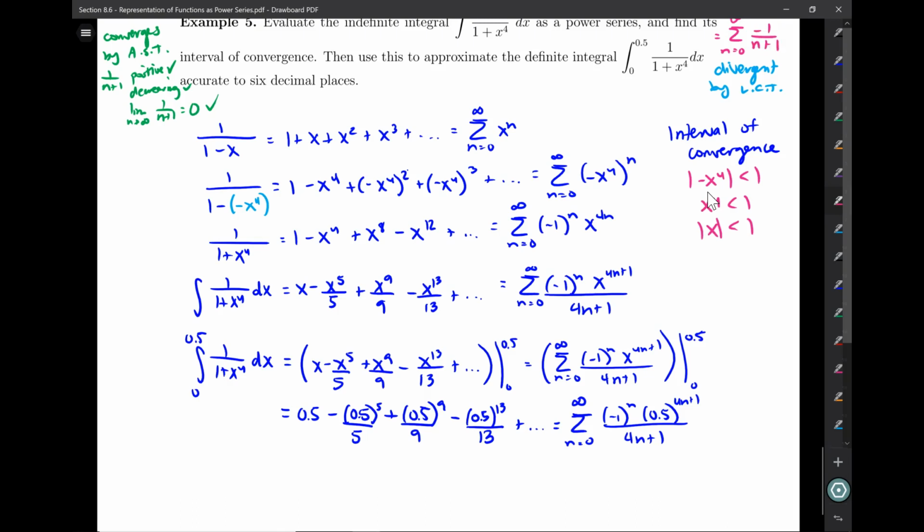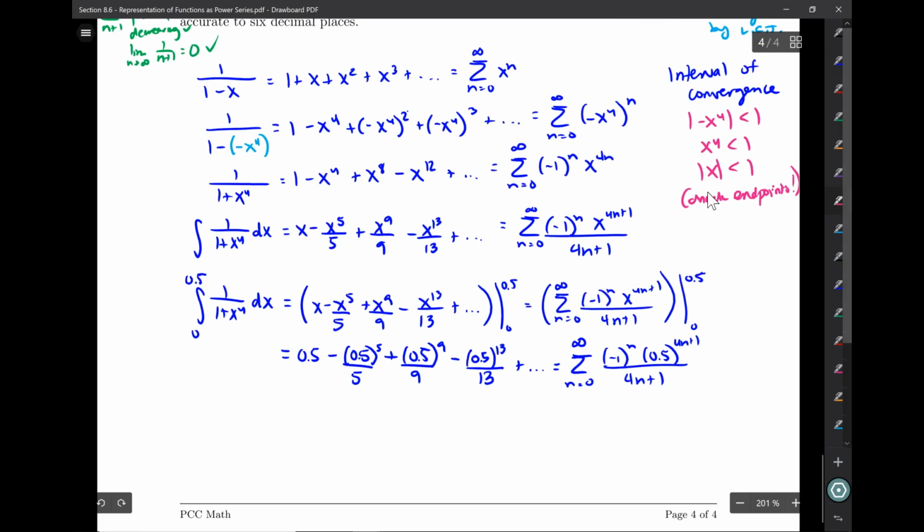We could go through and check the endpoints, but I can kind of see that a negative 1 to the 4n plus 1 would always be a negative number. Well, in this case, actually, I'm not going to check the endpoints because we don't really need to here. All I'm interested in is, can we plug in 0 and can we plug in 0.5? And the answer is yes, we can, because both 0 and 0.5 are in this particular interval. Okay, I'll put a little side note here that we didn't check the endpoints. So we know that we can do this.